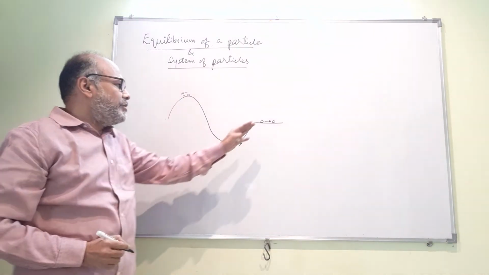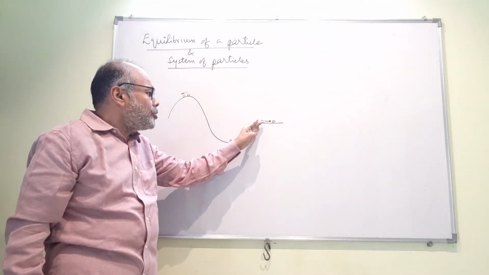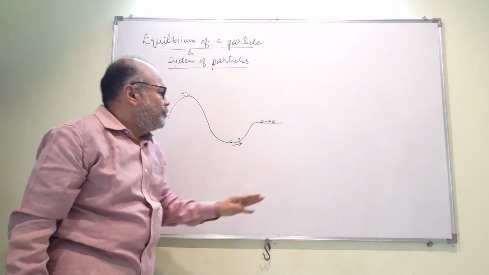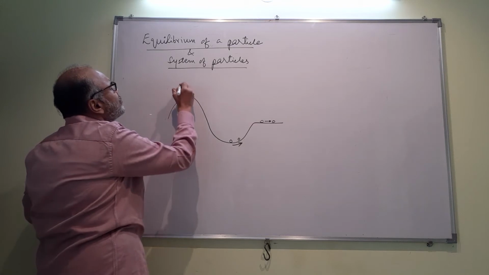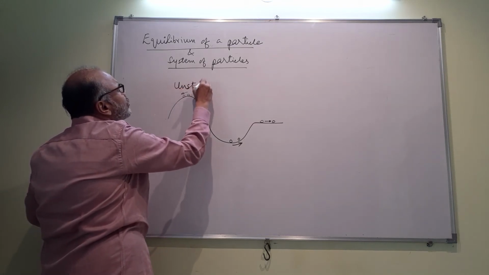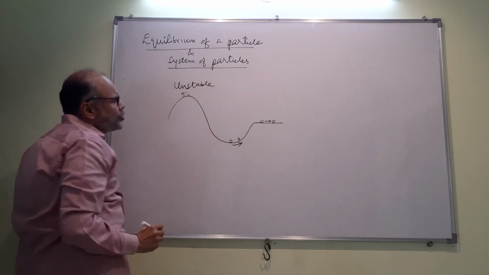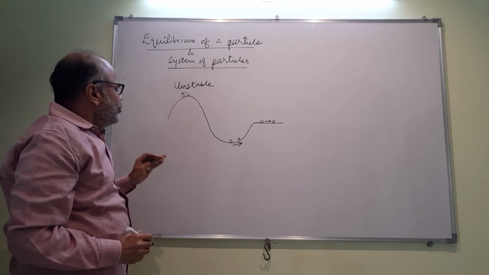It will neither have a tendency to get back to the original position nor move away from it. So, this equilibrium is called unstable. The net force is zero, but when you disturb it, it does not get back to the original position.